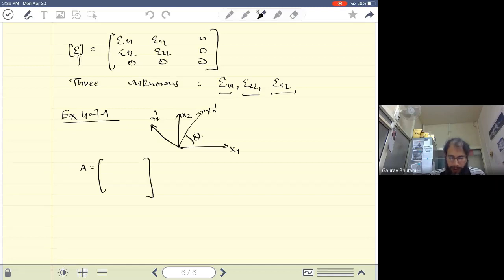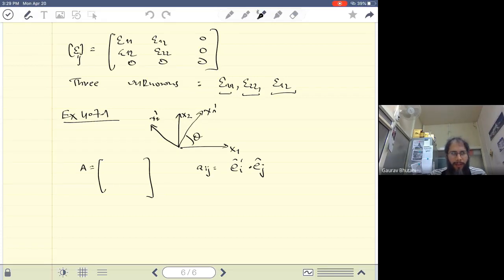Just remember, the transformation matrix Aij was nothing but Ei prime dot Ej. You can easily find the transformation matrix; I won't give it to you. Theta for our particular case is 60 degrees, but it could be any angle.